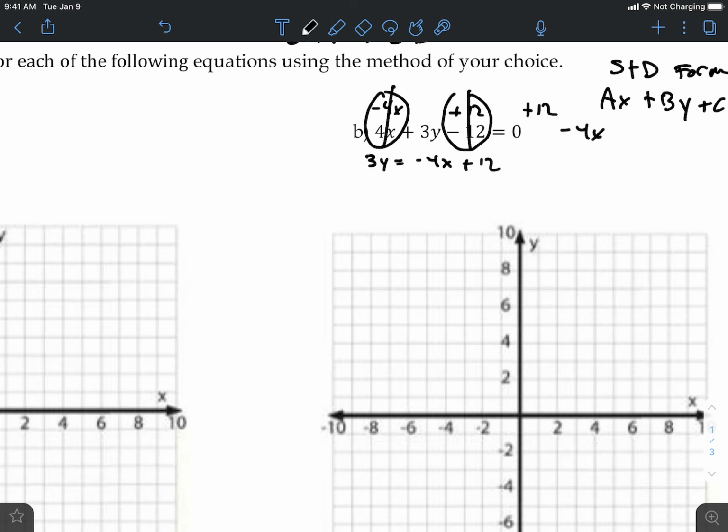So how do I get y by itself then? Yes? Just divide everything by 3. Everything. So I'm going to divide by 3 here, which means I'm going to divide by 3 here, and by 3 there. Then you're going to have, oh, there's a 1. So now I have 1y is equal to negative 4 by 3 x plus, what's 12 divided by 3?